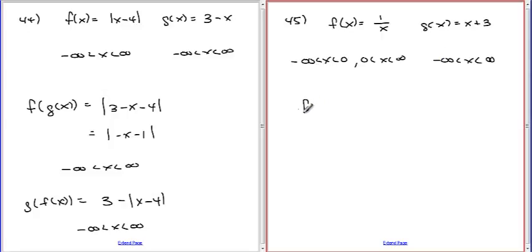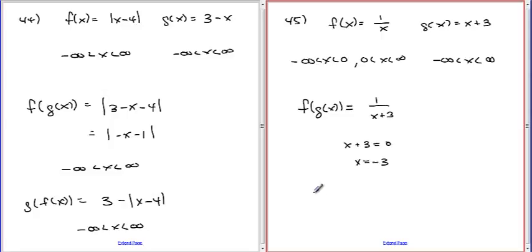So f of g of x is 1 over, instead of 1 over x, it's 1 over x plus 3. So again, the only time this is going to be undefined is when the denominator equals 0. So you find x equals negative 3.